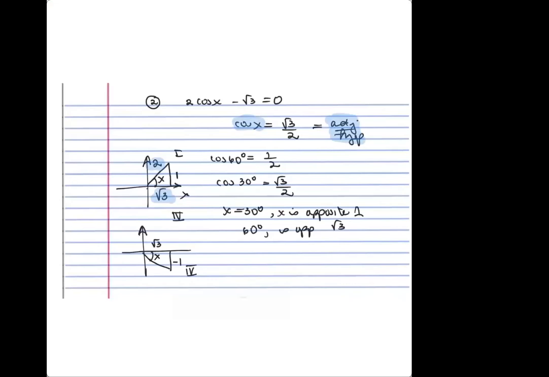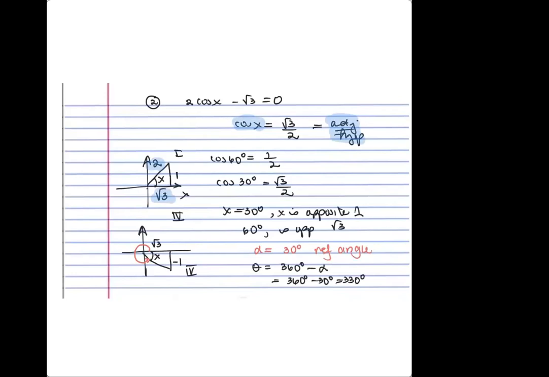So to find that angle, it's in quadrant 4, and we know that the reference angle is 30 degrees. So to find the other value of X, theta is equal to 360 degrees minus alpha, which is 360 degrees minus 30 degrees, which is 330 degrees.